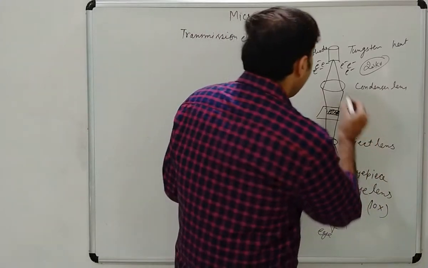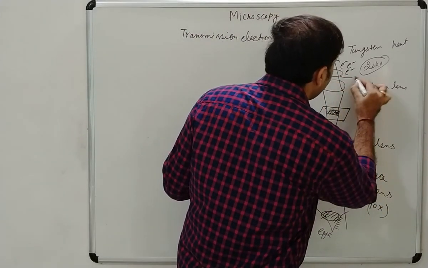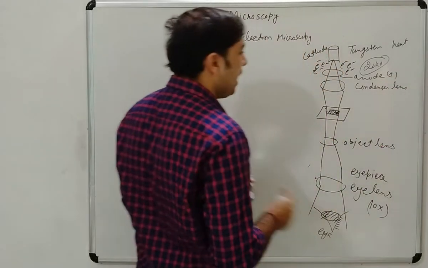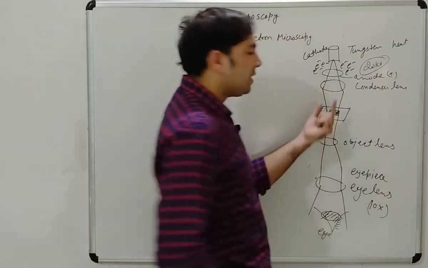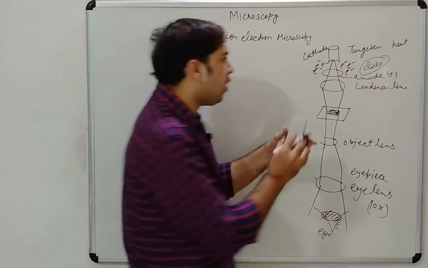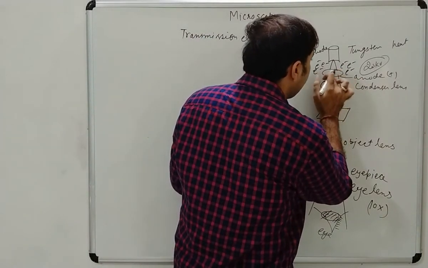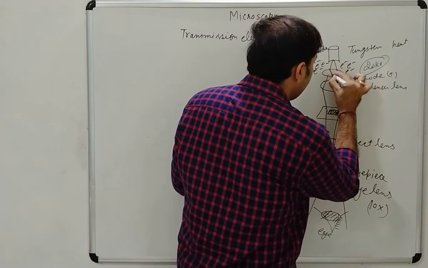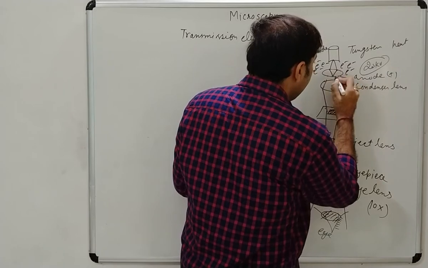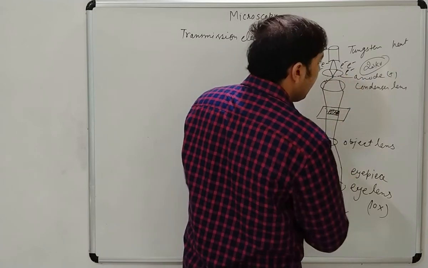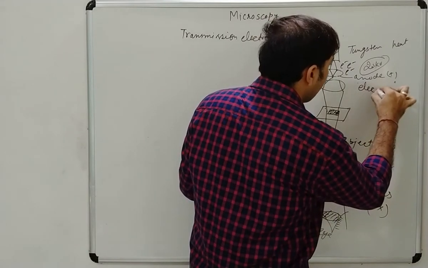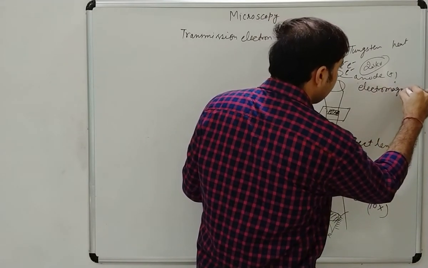What will we do? We apply an anode, which is a positive charge. When we pass through the anode, all the electrons are collected there. Then the beam passes through the lens. Here, instead of a condenser lens, we have electromagnetic lenses.